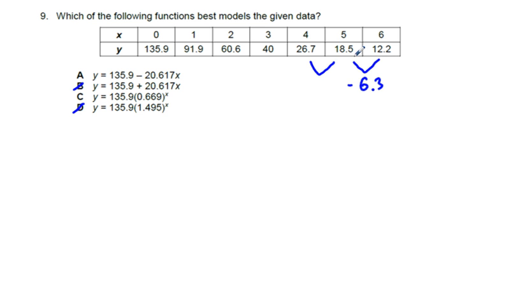Then we have this one here, 26.7 minus 18.5. That's going to be 8.2. And so we don't have a linear situation, so it's not going to be that.